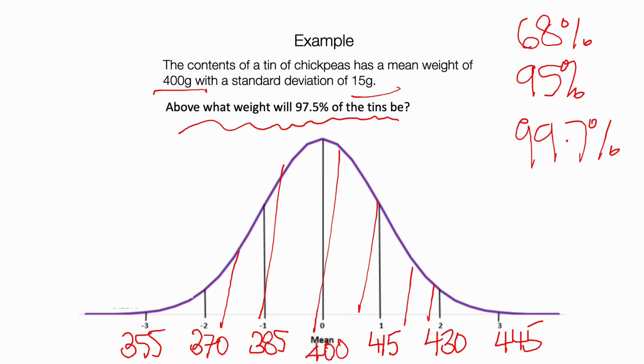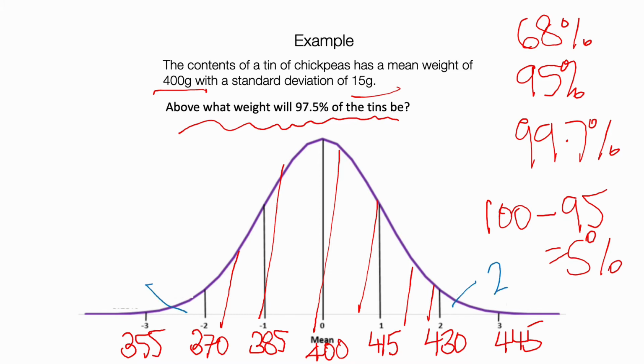So that means we've got 5% left, as the whole curve makes up 100%. Take away the 95% gives us 5% left. And if we divided that between this part here and this part here, each of those would be 2.5%.